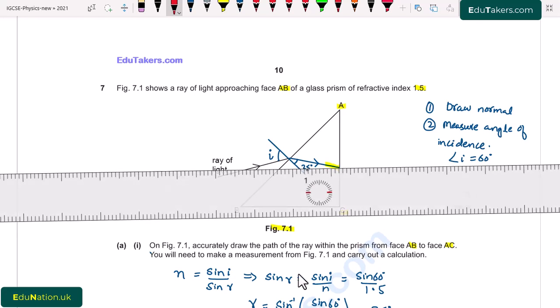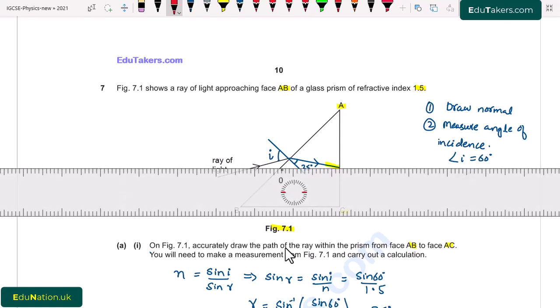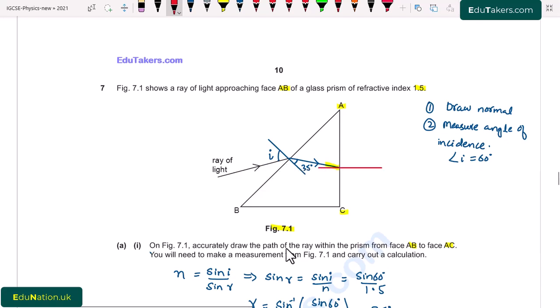This is the normal line, that is perpendicular to this surface, and then we have to measure the angle of incidence. This angle of incidence is between this incoming ray and this normal.